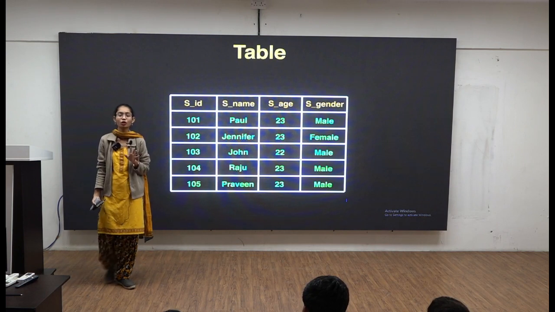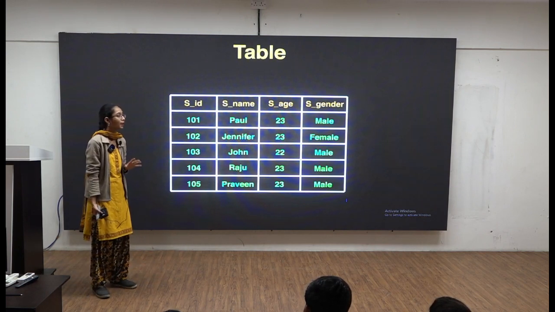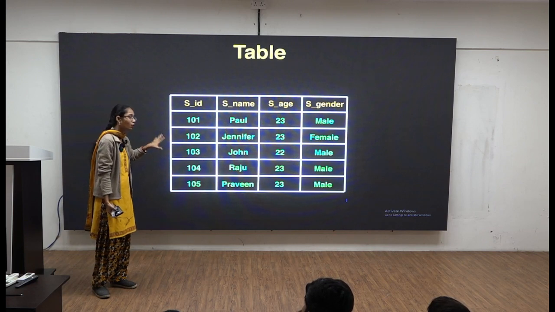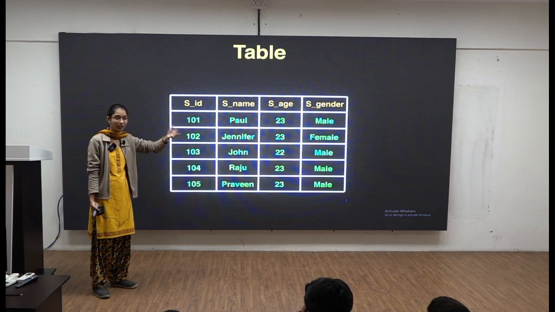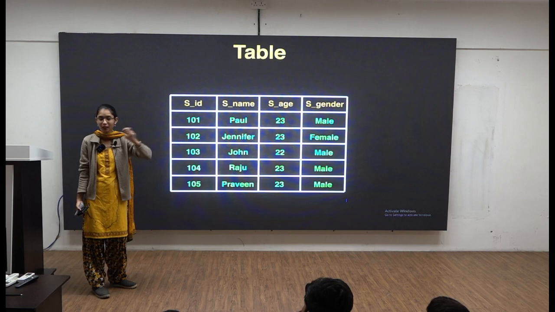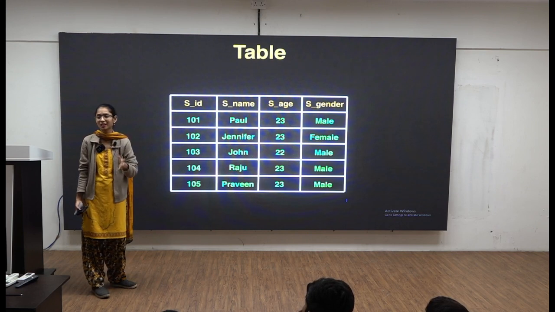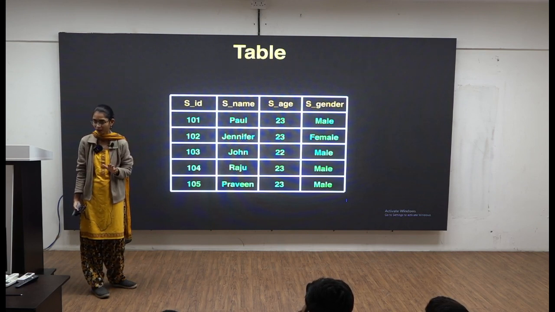Basically this is how your table will be present in your SQL. To do this, you have to create a database, and create a table by using commands. There you have to specify the data types, column names, and then insertion, all that you will be doing.